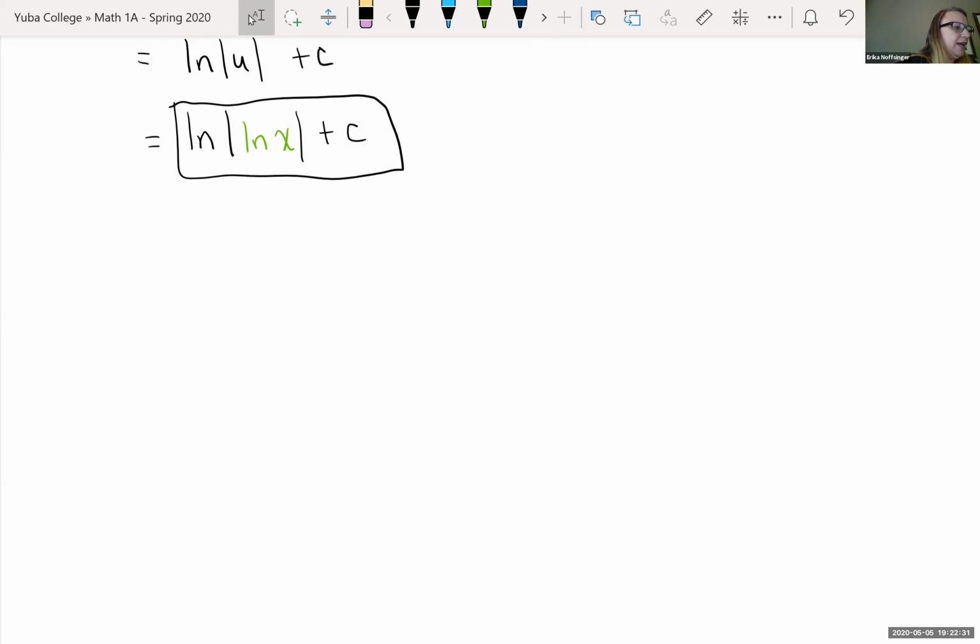So let's say we're given d squared s all over dt squared is equal to -4 times sine of 2t minus pi halves.